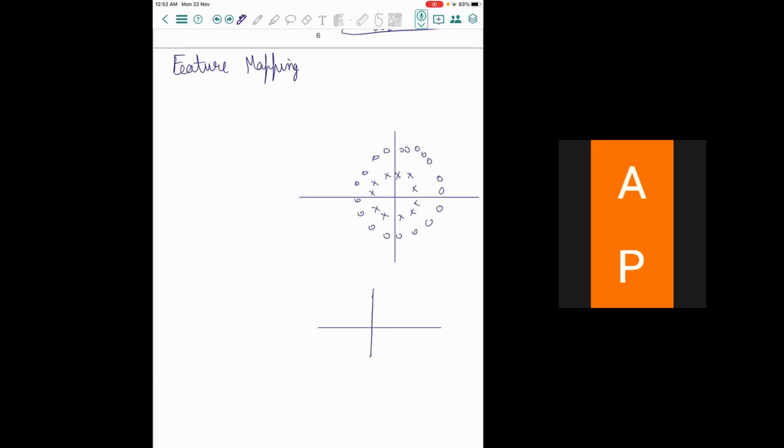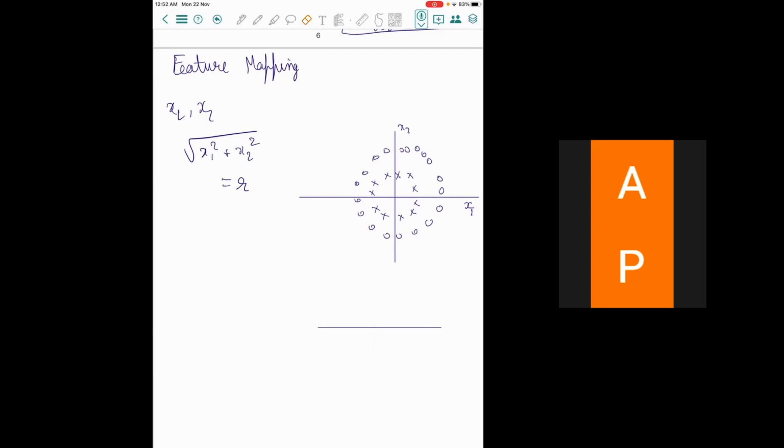So instead, let's say these are the axes x1 and x2. Instead of taking x1 and x2 as input to the SVM, we can take the square root of x1 square plus x2 square, which is equal to, let's say, r, as an input to SVM. So what is r here?